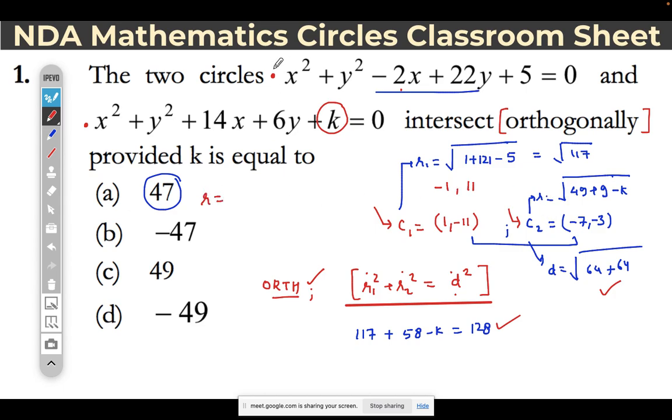Radius of any circle, suppose circle 1, is the square root of the square of the center's x part plus the square of the center's y part minus the constant part in the equation. So 122 minus 5 is 117, root 117. But the square of it will be 117. Clear? Likewise here. Easy, right?